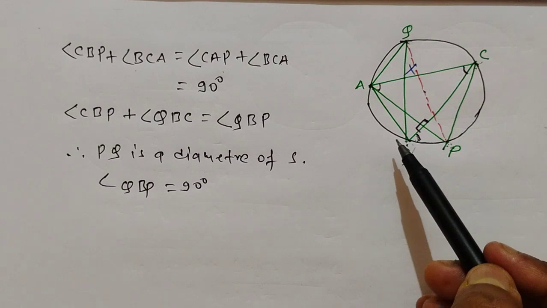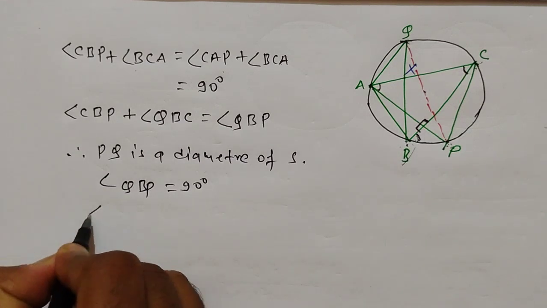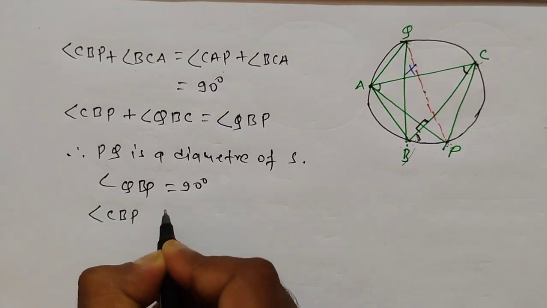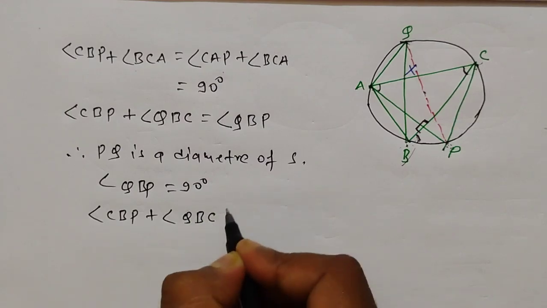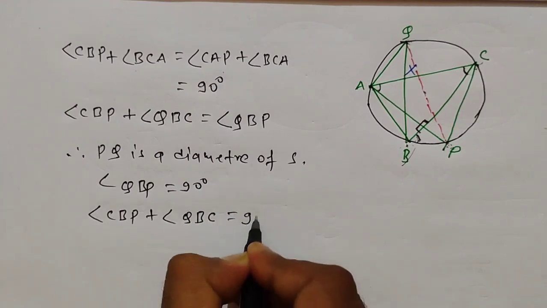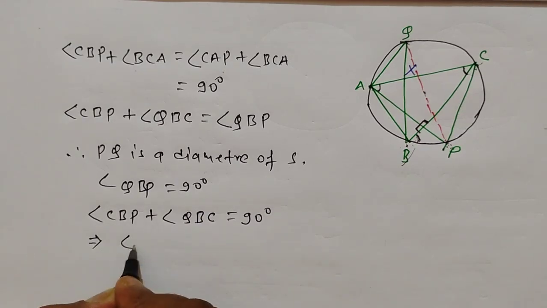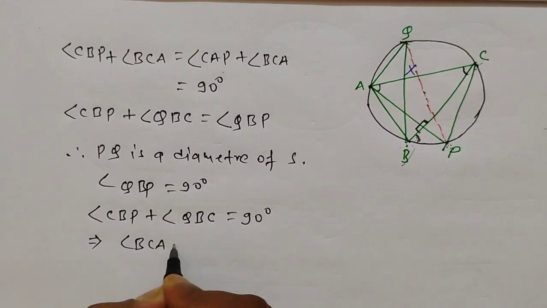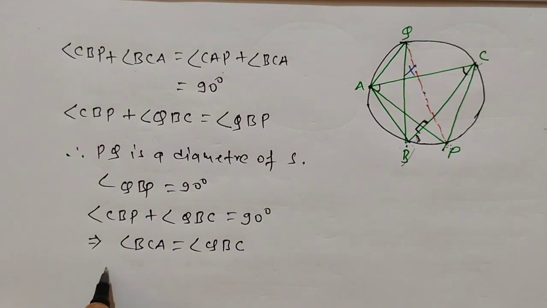And now we have angle CBP plus angle QBC is equal to 90 degrees. So this will imply angle BCA is equal to angle QBC, and now we can write BX is equal to CX.